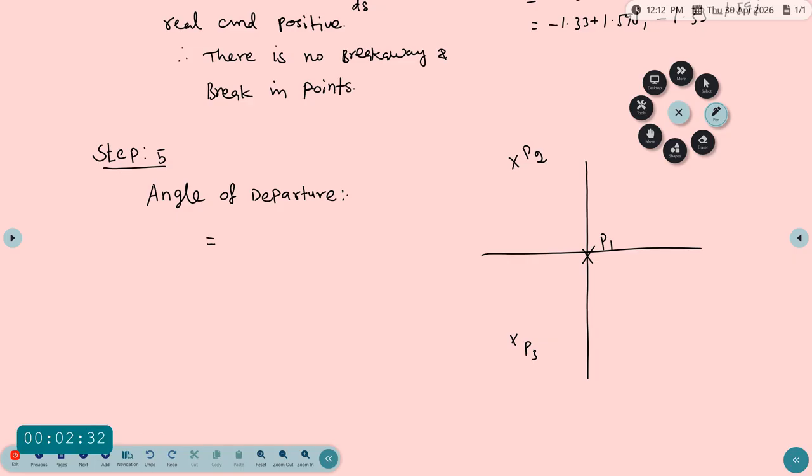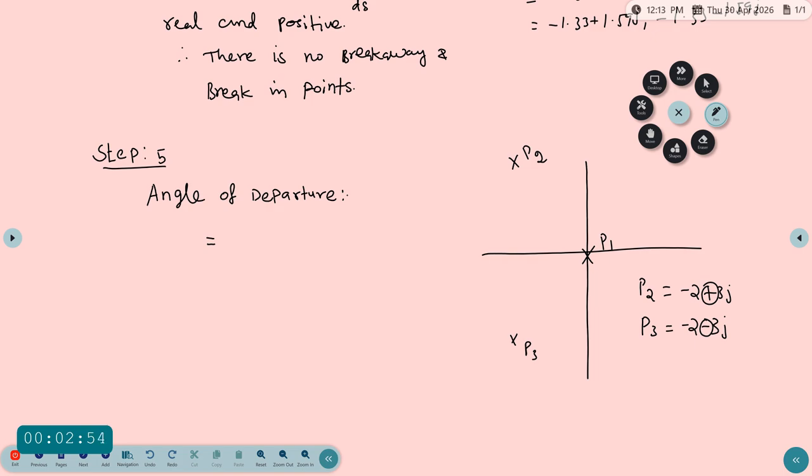Since both have the same magnitude and only the sign changes in the imaginary part, P2 equals minus 2 plus 3j and P3 equals minus 2 minus 3j.